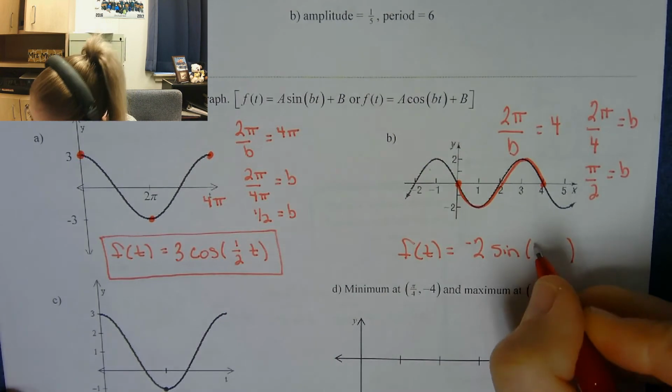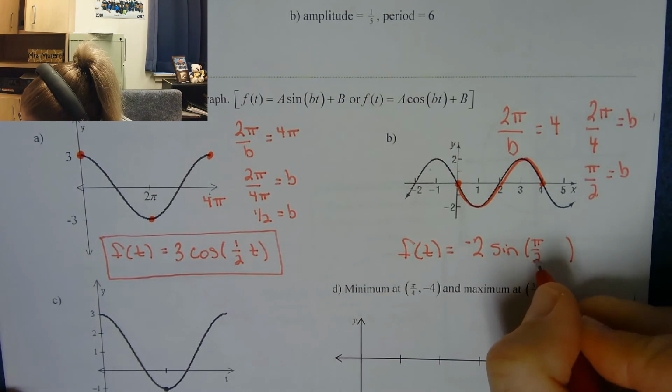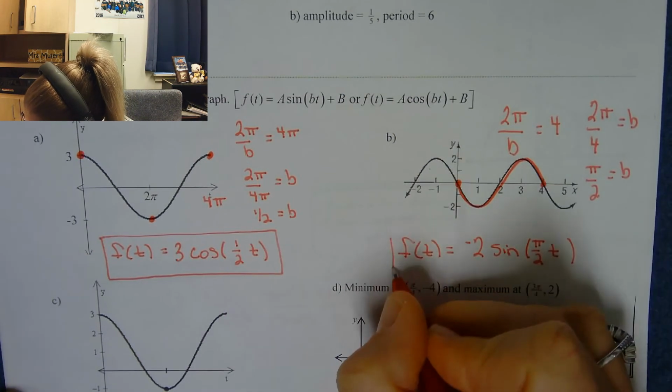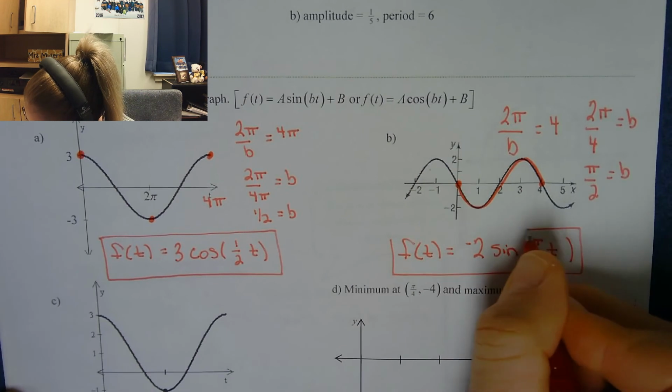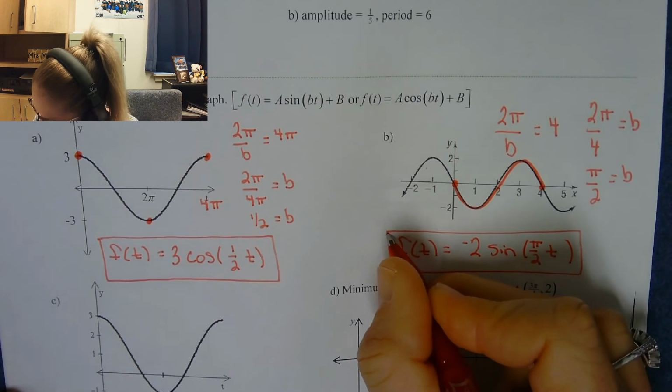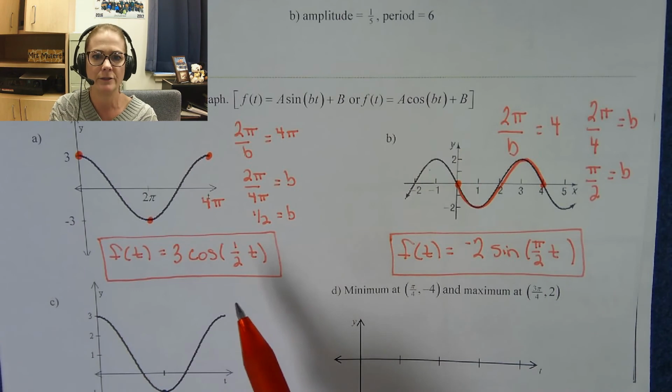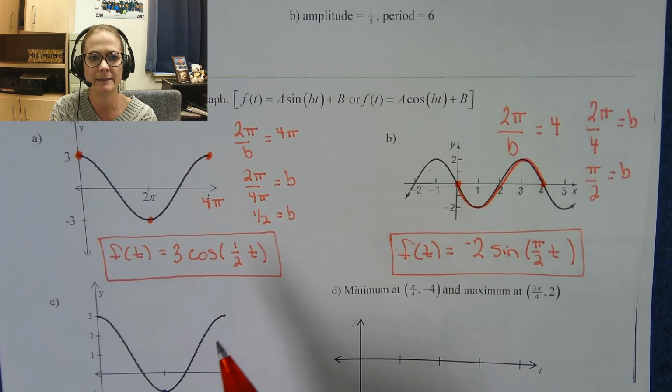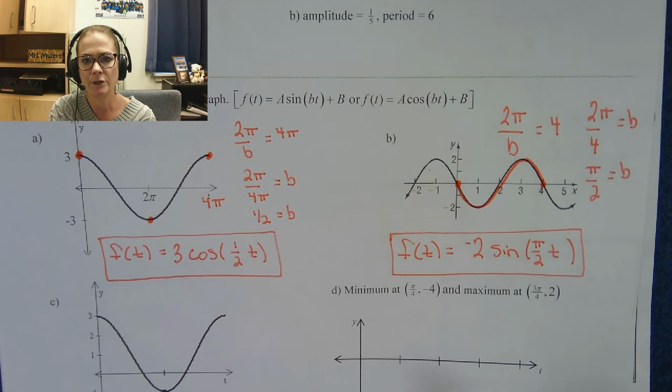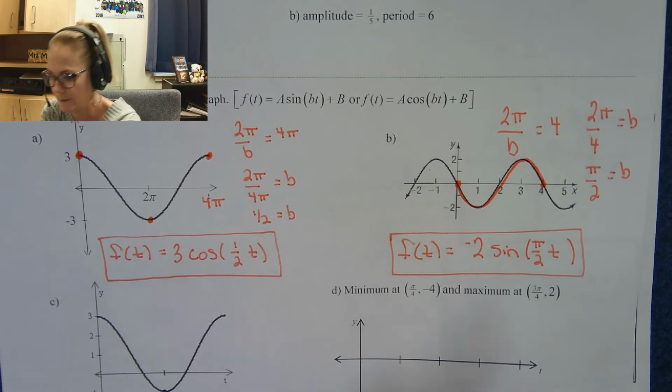Okay, so that goes right here, pi over 2t. As we move on through this section, you'll see there's multiple ways to write an equation for this, but this is the most simple equation you could write for that graph with the information given.